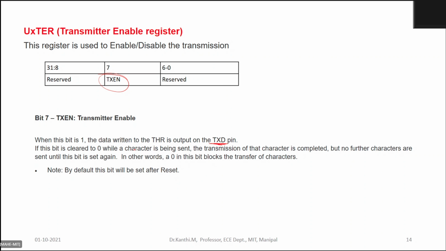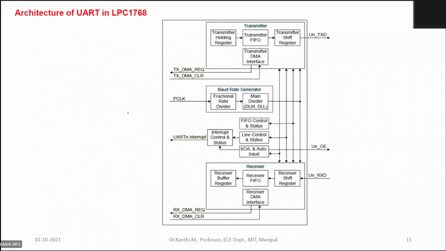So a 0 in this bit blocks the transfer of characters, which means there is no data. If you disable it, you cannot transmit the data. That is the meaning. Before you transmit, the bit in the transmit enable register needs to be set.